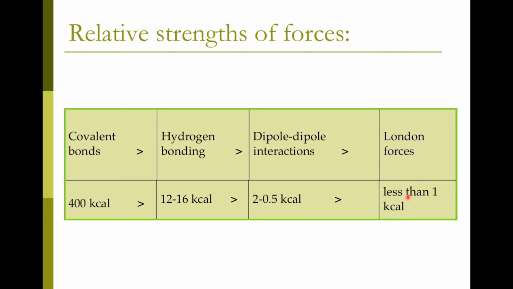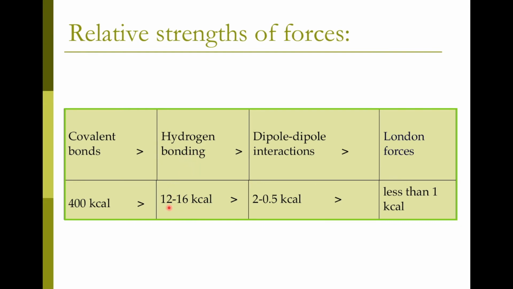So just to compare the strengths of forces, I know we've talked about a lot. Your normal covalent bonds, which are an intramolecular force, that's not really in the scope of this lesson, let's say the bond strength would be 400 kilocalories. And then hydrogen bonding, the next strongest, that's an intermolecular force.